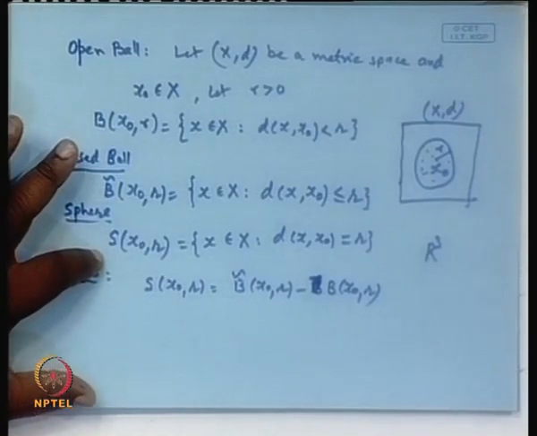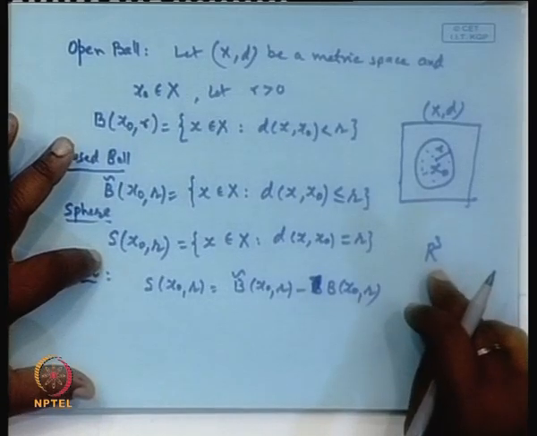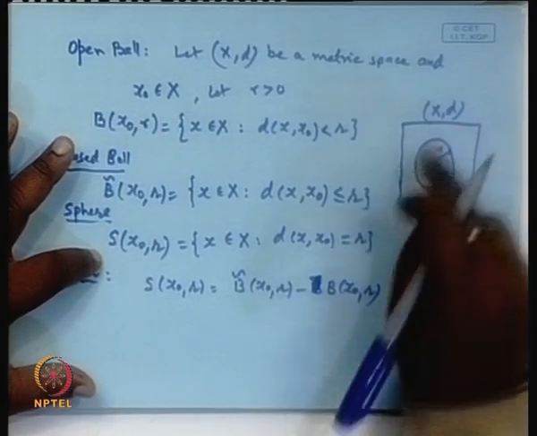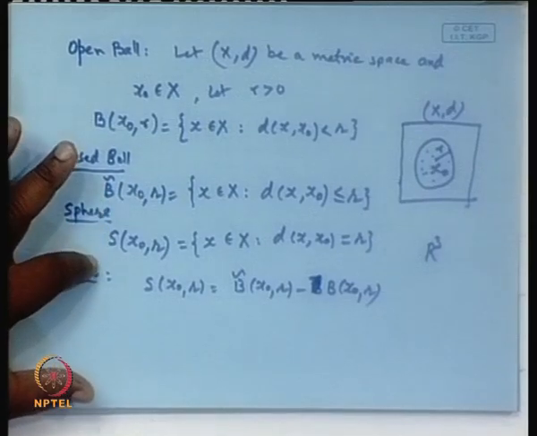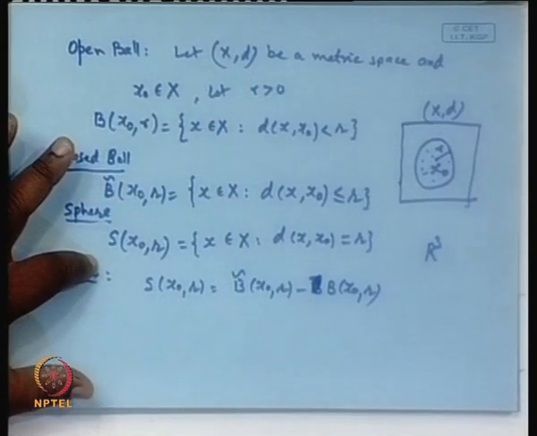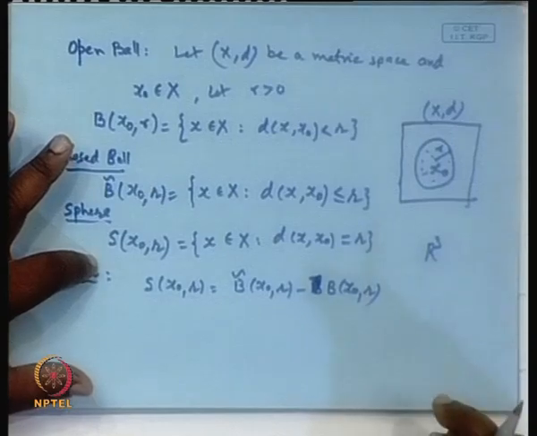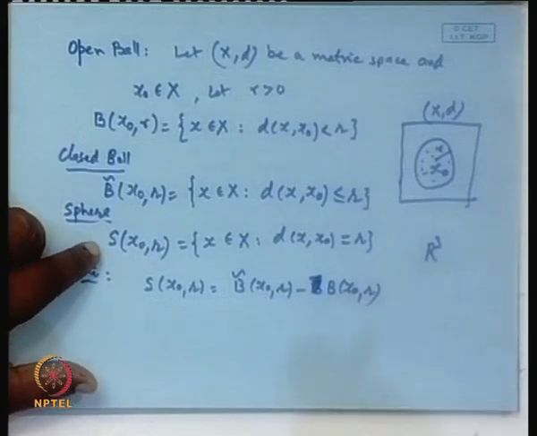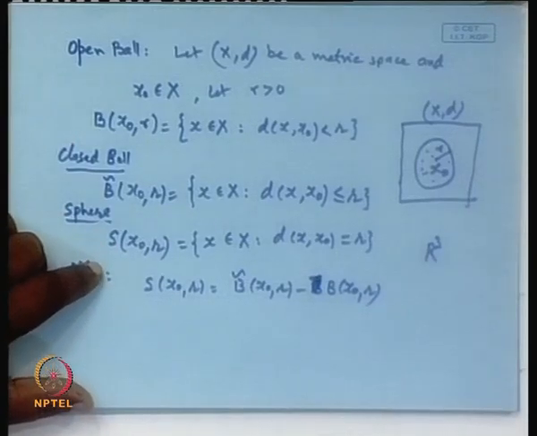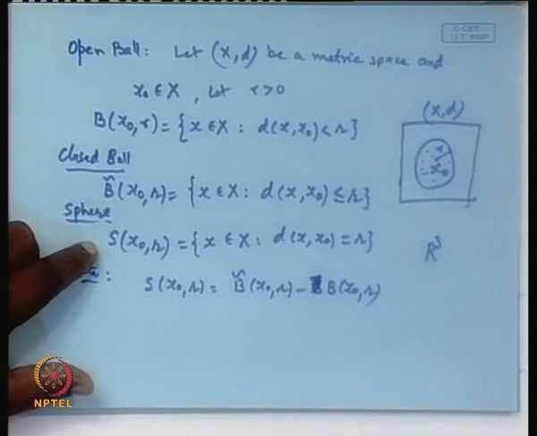So, this concept is available in R 3, but since we are dealing with X, d, the similar concept for the open ball, closed ball and the sphere is not available in a general metric space. That is, we cannot claim that a sphere with center x naught and positive radius will always be non-empty. It may be empty also, depending on the metric which we are using.